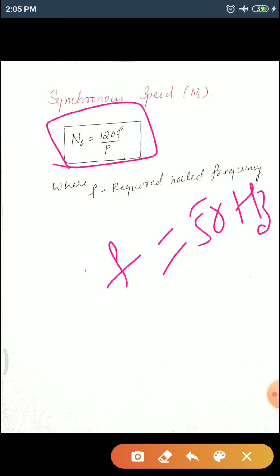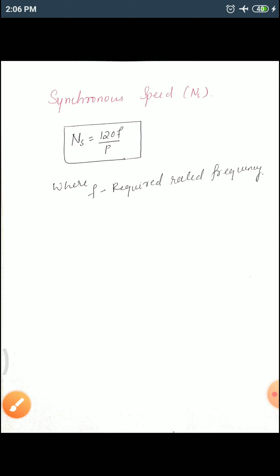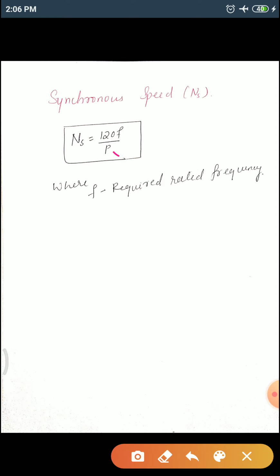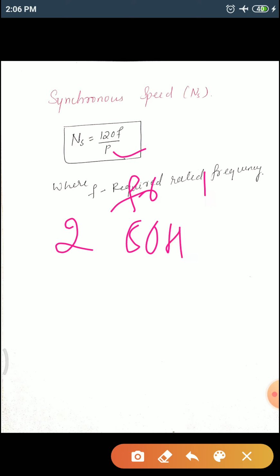To get a 50 hertz frequency for a different number of poles, the alternator should be driven at different speeds, called synchronous speeds. For example, if the number of poles is 2 and the constant frequency is 50 hertz, then the synchronous speed will be around 3000 rpm.